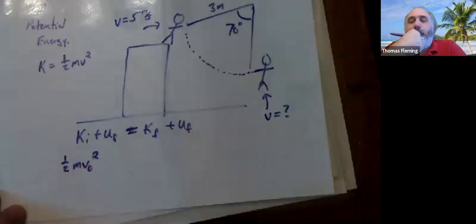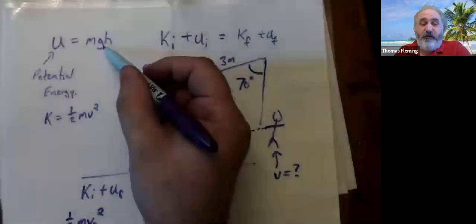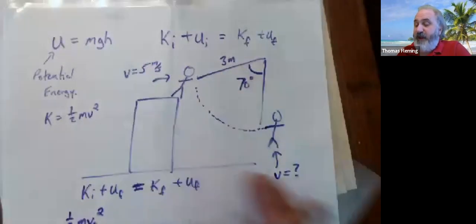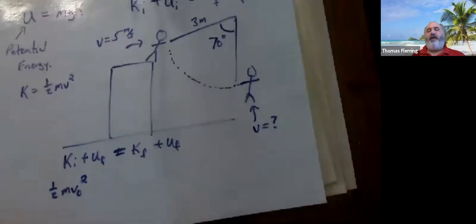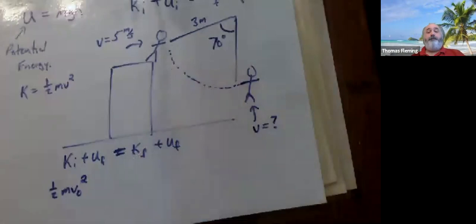Now, that's his kinetic energy. His potential energy I'm going to get from the gravitational potential energy, mgh. But here's where things get a little bit tricky, because when it comes to measuring the height, I don't know how high he is. I did not specify how tall that building was.